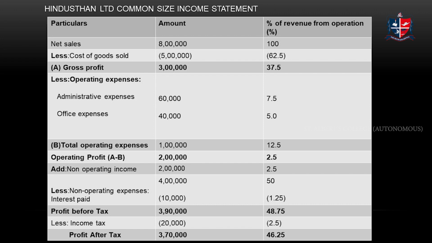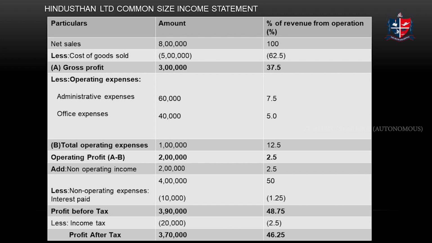Then if you have any non-operating expenses like dividend paid or interest paid, these types of expenses come under the category of non-operating expenses. In this question non-operating expense is given as interest paid, so we consider that amount, that is 10,000, and also find out the interest percentage too.